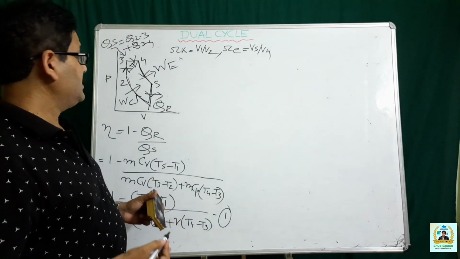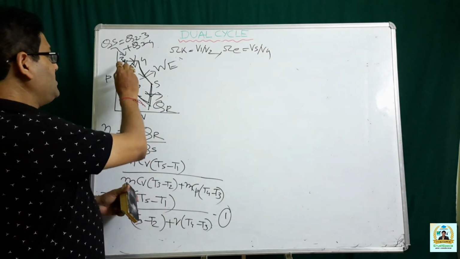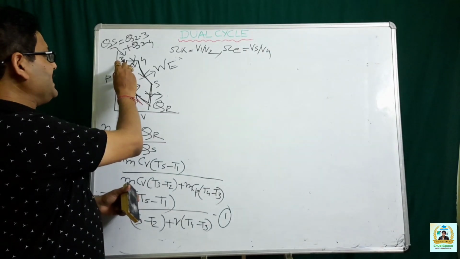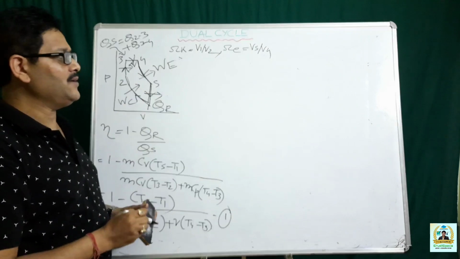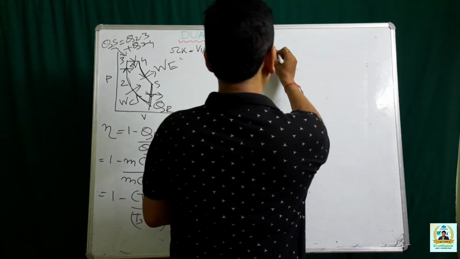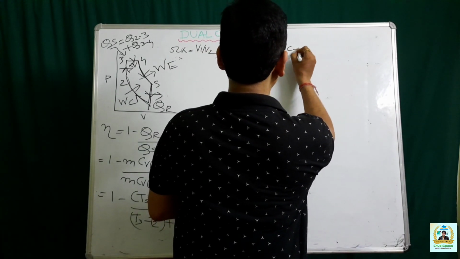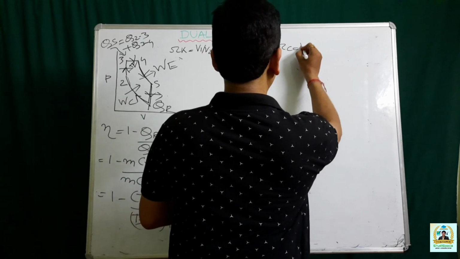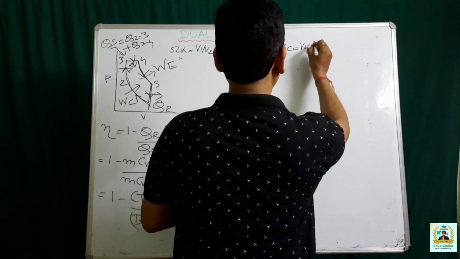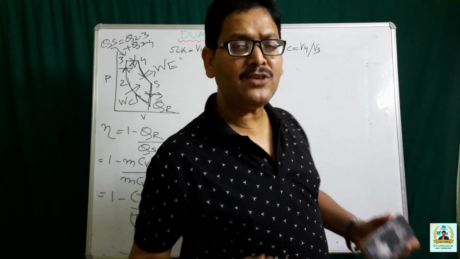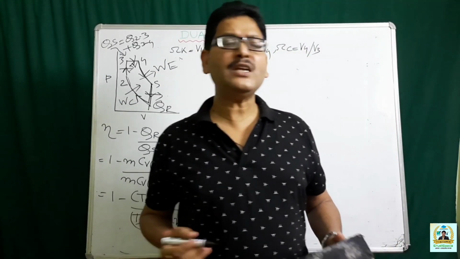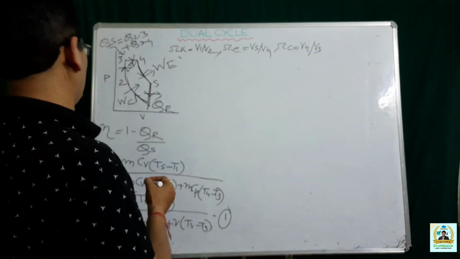Then you have the cutoff ratio. The fuel is actually added at point 3 and the process ends at point 4, and the cutoff ratio Rc is equal to V4 by V3. Then the last one is the constant volume pressure ratio.